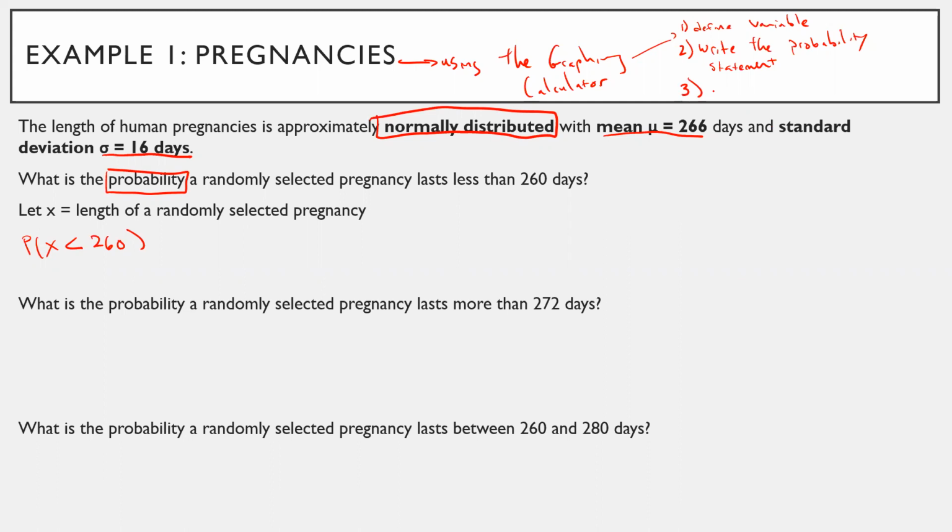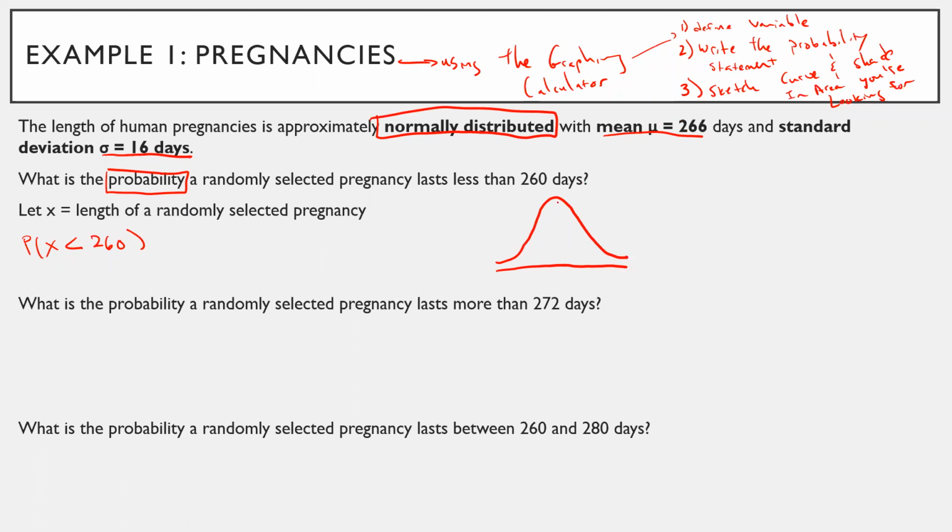So the third thing you're going to do is sketch the curve and shade in the area you're looking for. Lengths of human pregnancies follow this bell curve.